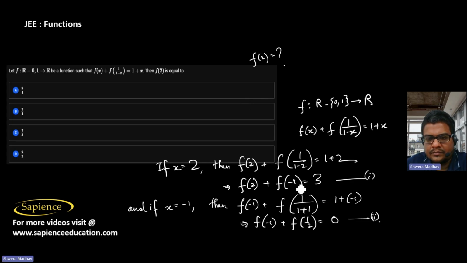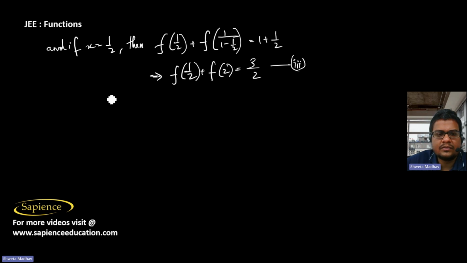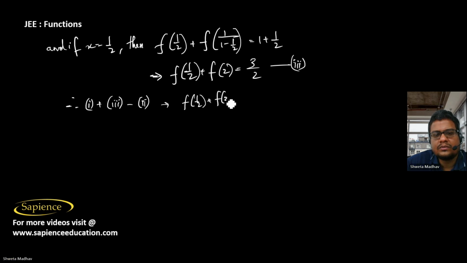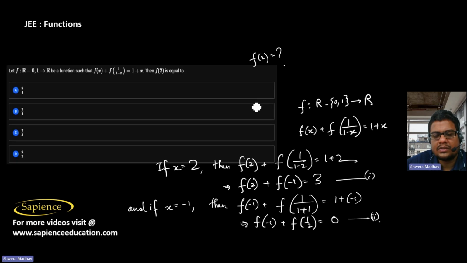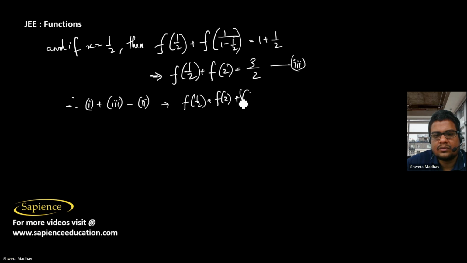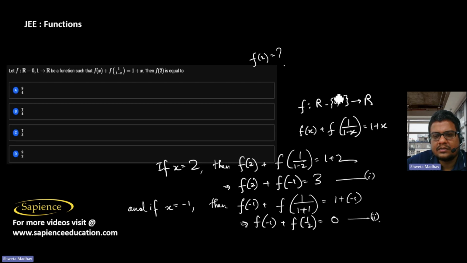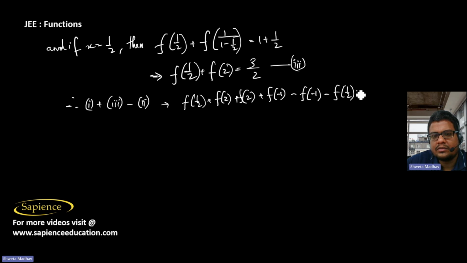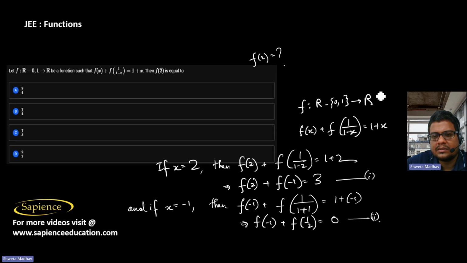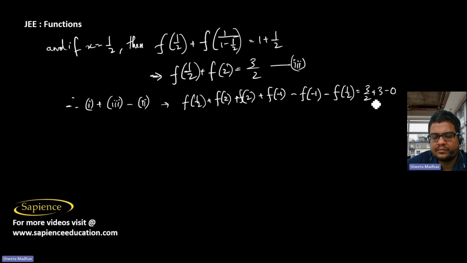So now we need f of 2. Therefore, if I do equation 1 plus equation 3 minus equation 2, then we will get f of half plus f of 2 plus, equation 1, that is f of 2 plus f of minus 1, minus f of minus 1 minus f of half, that will be equal to 3 by 2 plus 3 minus 0.